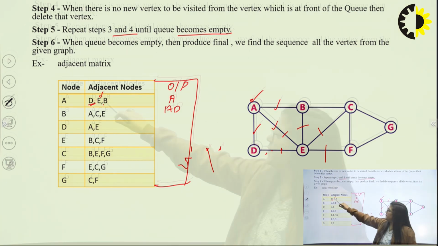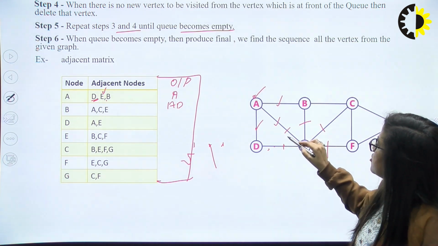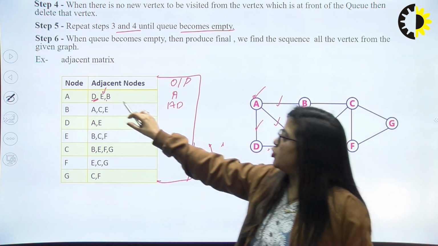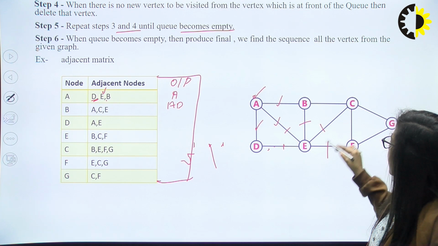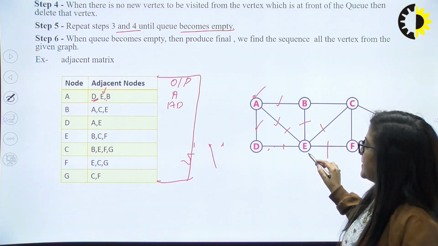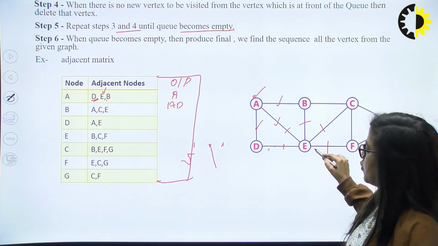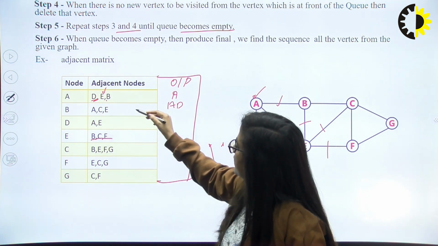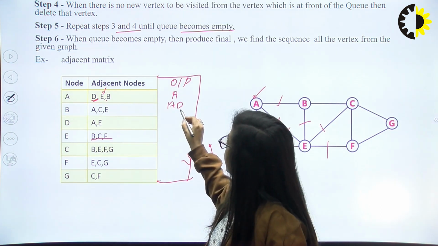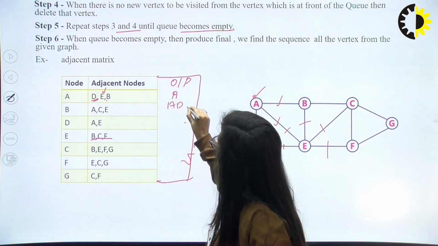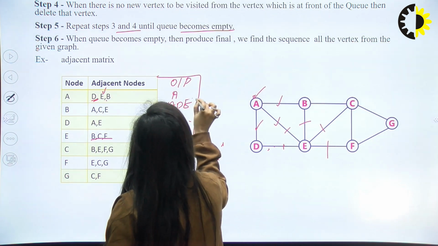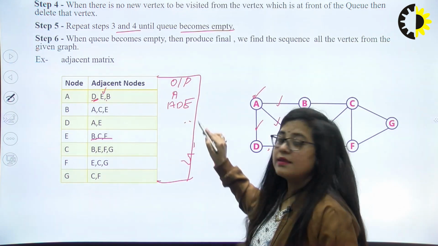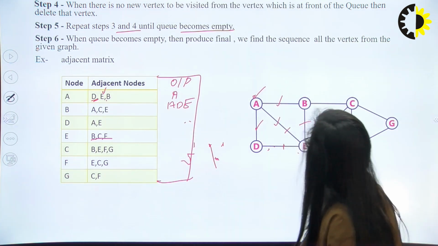D is already printed, so we avoid it. Then A is already printed, so again we avoid it. B is in the queue, so again we avoid it. Then C and F are the new adjacent nodes. So A, D, E is the output so far.